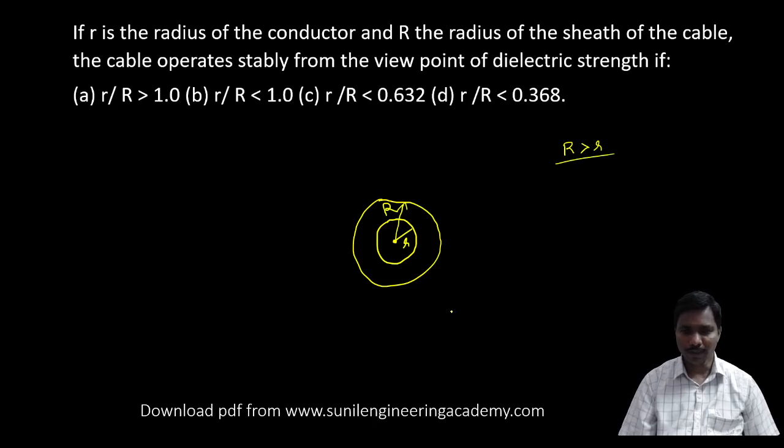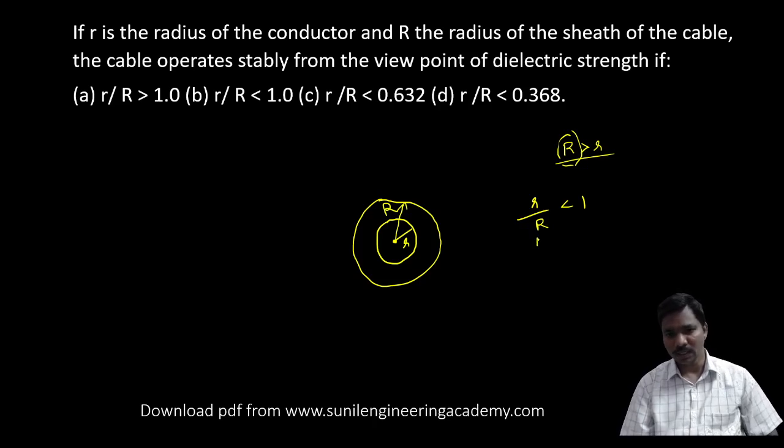So the total diameter will always be higher. In this case, small r by capital R must be less than 1. In the denominator, higher means we always get less than 1.